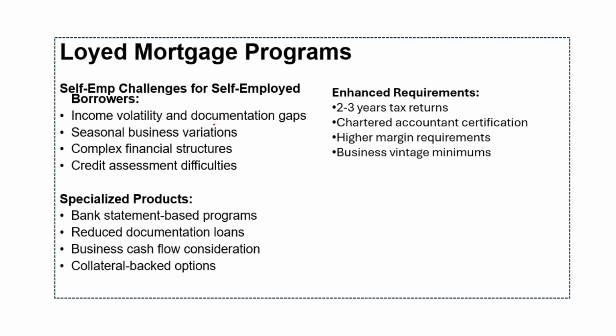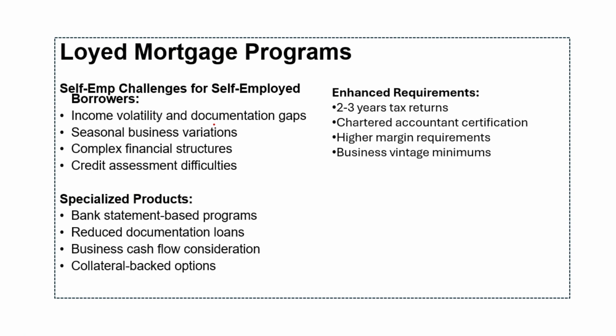Traditional salaried underwriting models don't work effectively for entrepreneurs, freelancers and business owners whose income fluctuates seasonally or cyclically. Income volatility makes standard EMI structures potentially problematic during lean business periods.